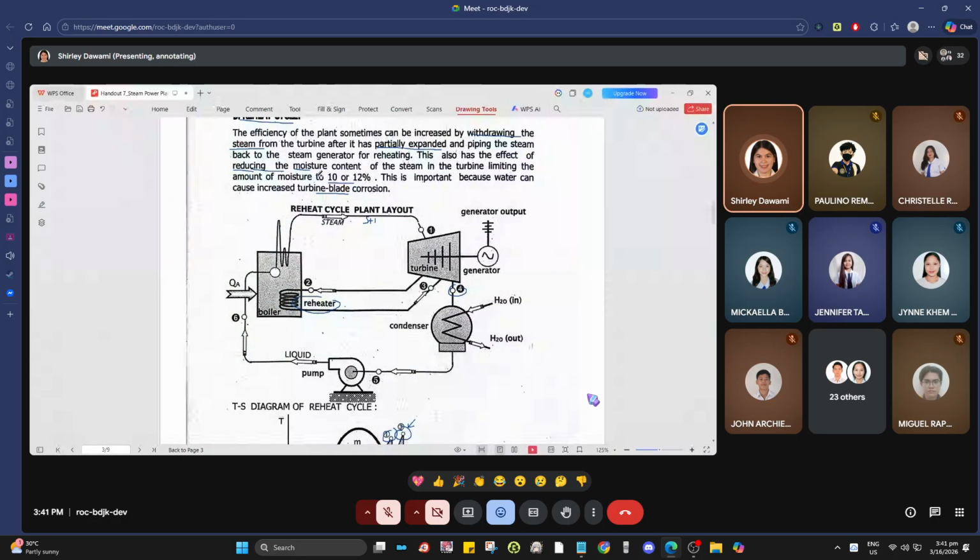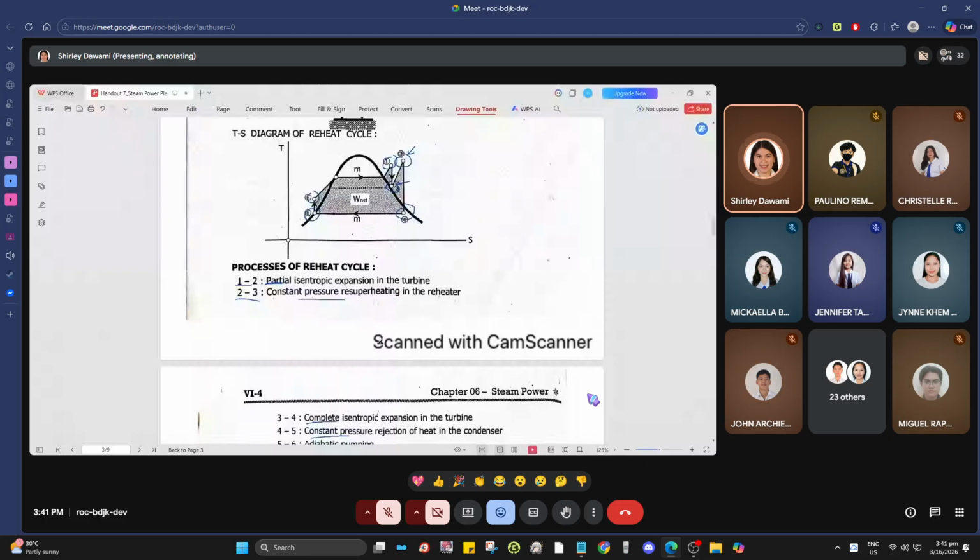And besides that, it decreases the moisture content. Okay, that's it for the reheat cycle.